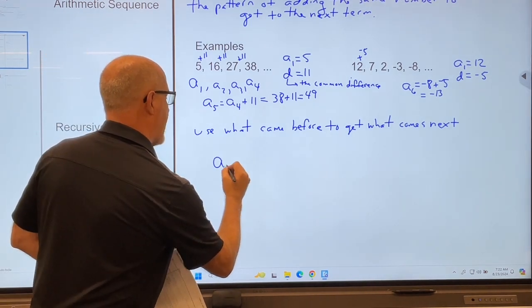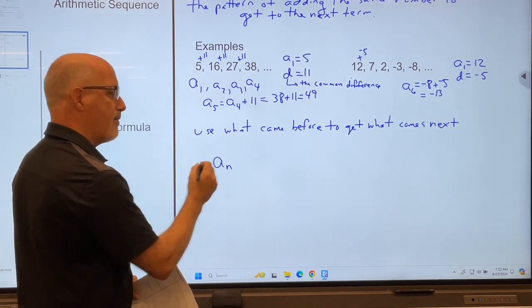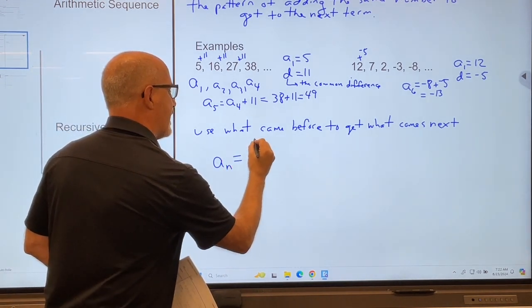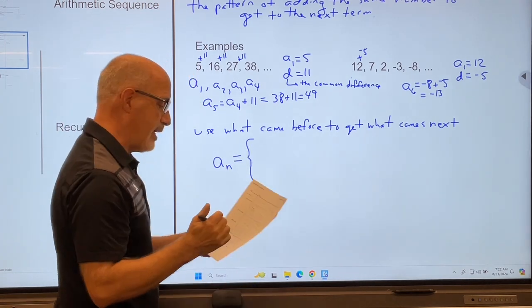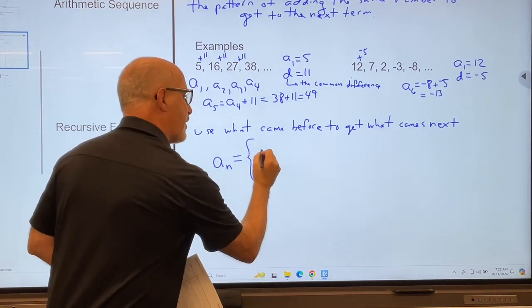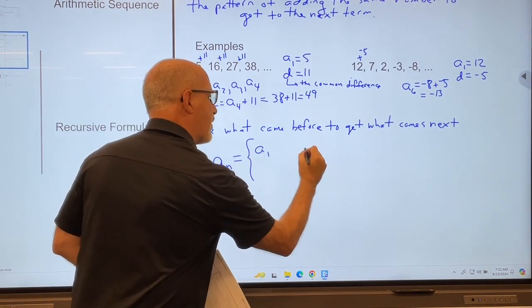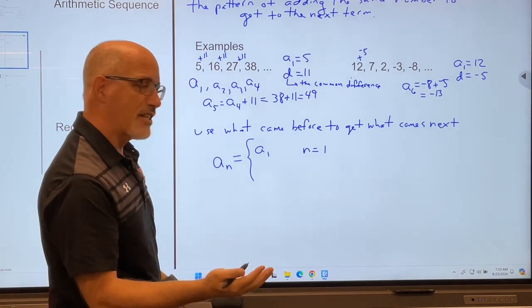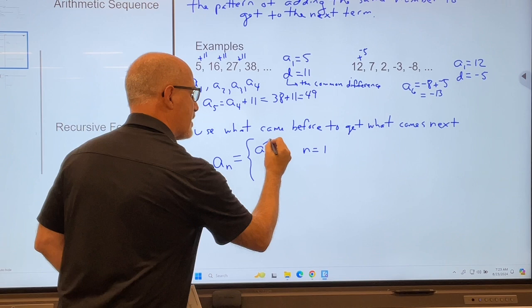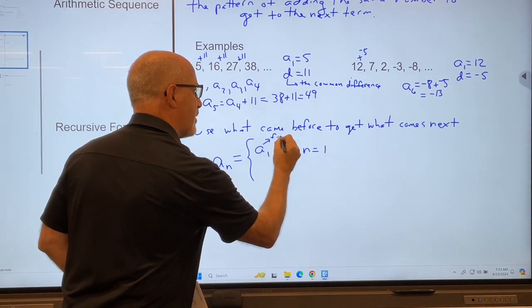So A sub n, this is the recursive formula format. A sub n is going to equal, and we put a brace here to represent that there's going to be two lines to it. We have to define what the first term is for n equal to 1, and then we have to define what the next term is. Now, so this one, let's put first term.